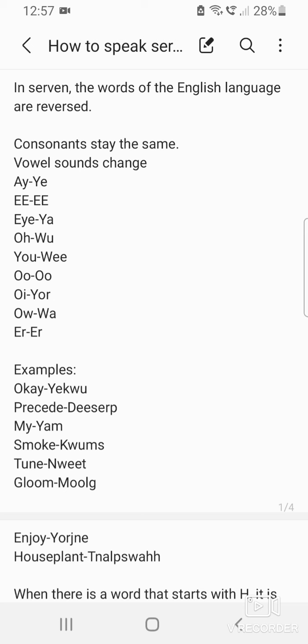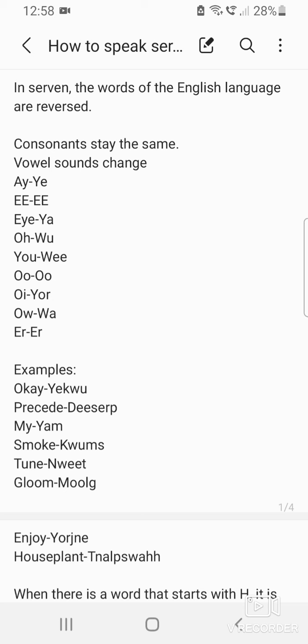So anyway, the vowel sounds change. So A is yeah, E stays the same, I is yeah, O is wa, U is we, oo stays the same, oi is your, and ow is wa.